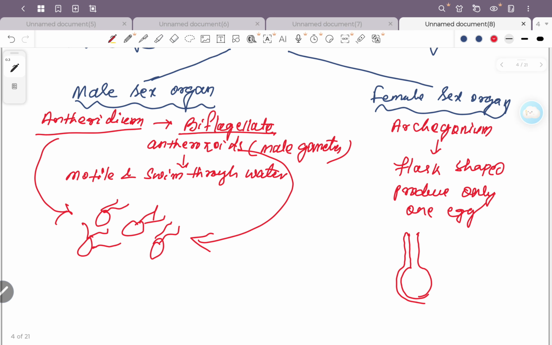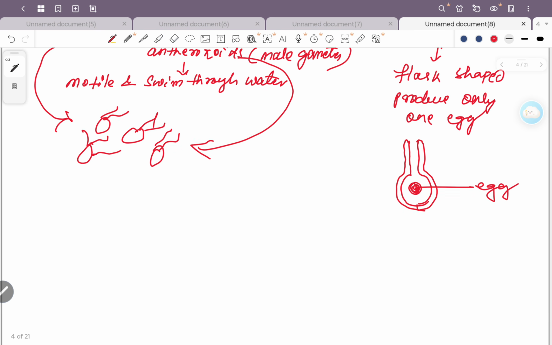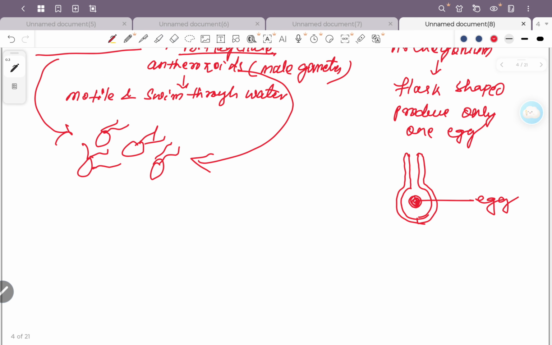It is flask shaped and it contains a single egg. So this is archegonium and this is the egg. Okay. Now these male and female gametes are ready. The male gametes are the antherozoid and female gametes are the egg. So the eggs are produced in less number and male gametes, or the antherozoids, are produced in large number.